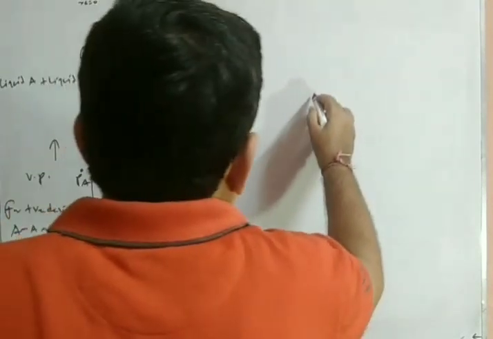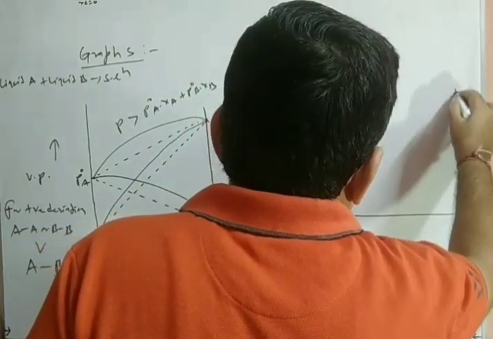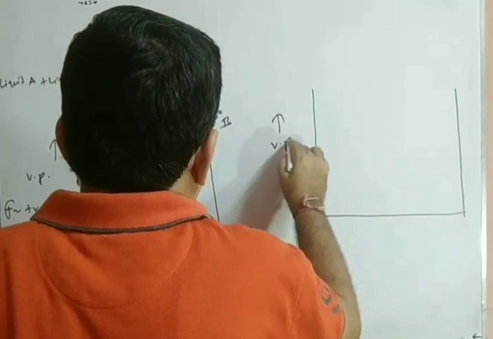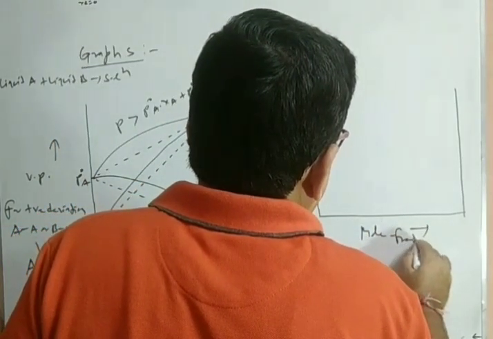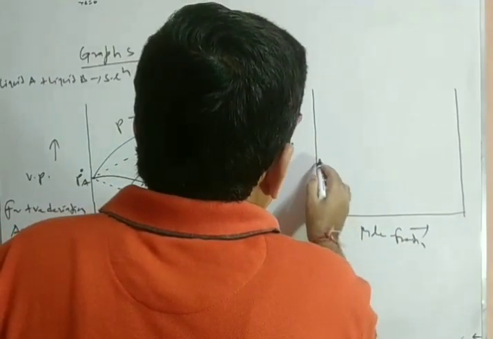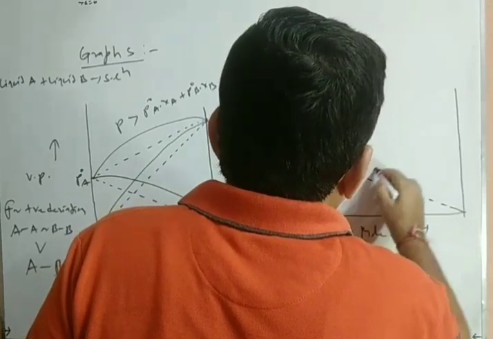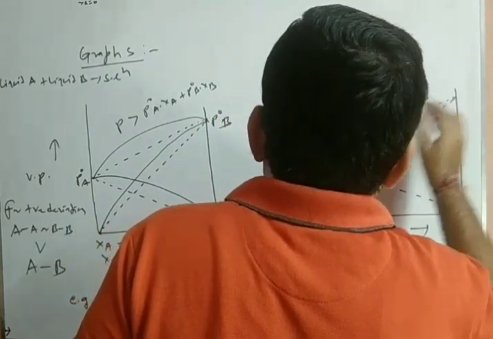Similarly, if we draw the diagram between vapor pressure and mole fraction, suppose this is the graph for an ideal solution.